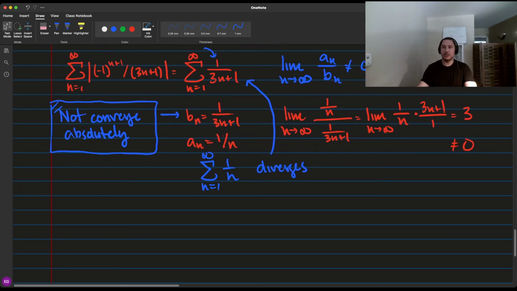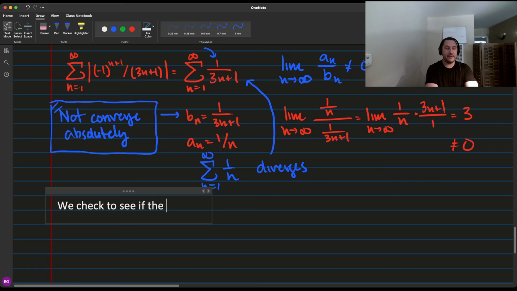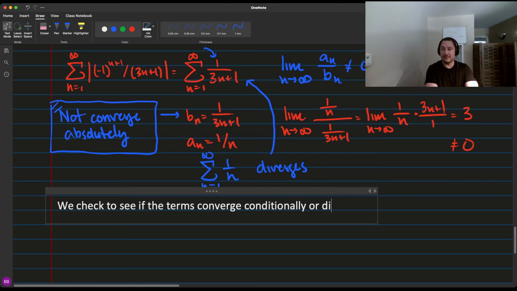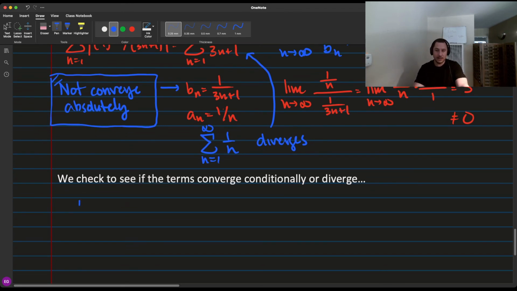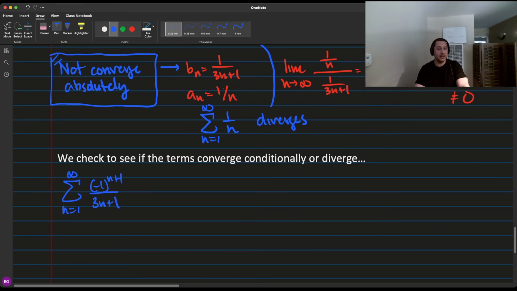So now the question is, we check to see if the series converges conditionally or diverges. Okay, so now we need to look at the sum from n equals 1 of (-1)^(n+1) over 3n plus 1. This is an alternating series, so now we can use the alternating series test.